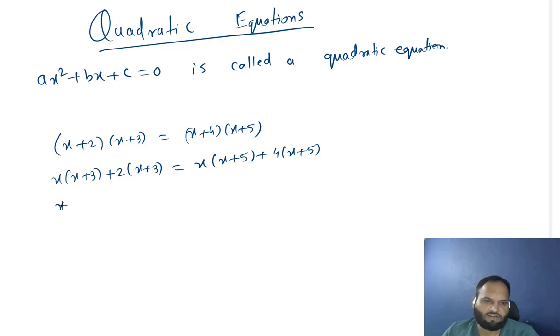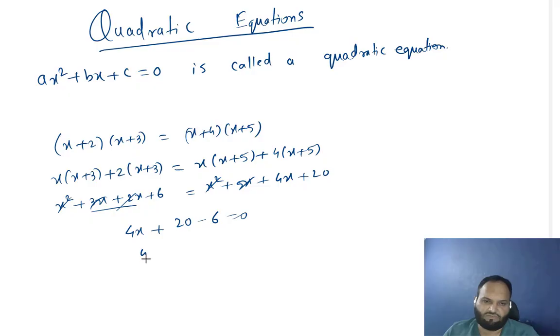If you solve it, we are getting x square plus 3x plus 2x plus 6 is equal to x square plus 5x plus 4x plus 20. This x square is eliminated and therefore this 5x is also eliminated here. You get 4x plus 20 minus 6 equal to 0. So 4x plus 14 equal to 0, which is not quadratic.